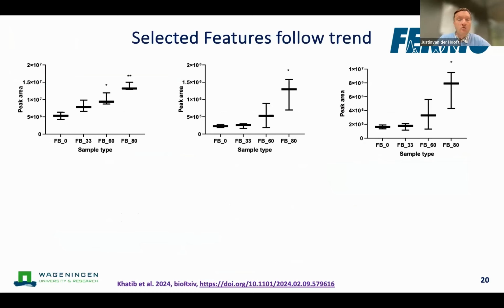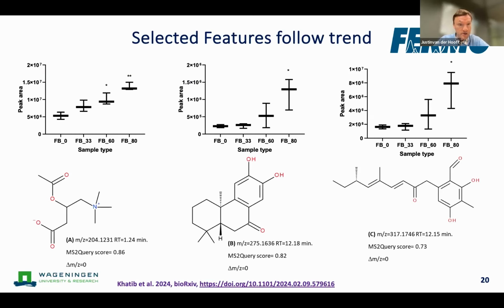And here you see an overview of their peak areas across the 4 different conditions: 0% added, 33%, 60%, and 80% added olive waste. And you can see that all of them show an upward trend, the first one more linear, and the final two in a different kind of reaction. However, all of them indeed go up at 80% added olive waste.